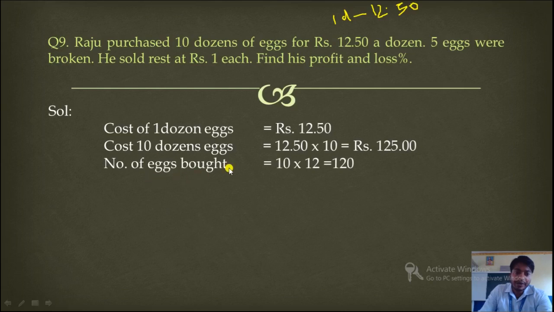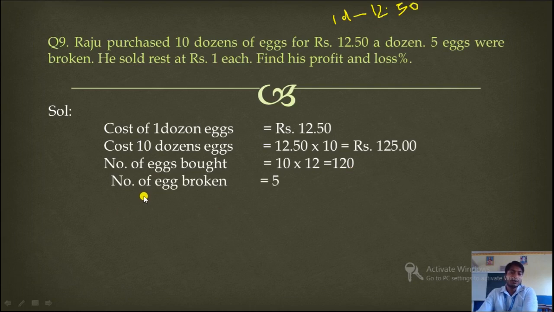Now number of eggs bought, that means total number of eggs, 10 into 12, that means 120 eggs. Out of that, number of eggs broken is 5. Then good number of eggs left: 120 minus 5. Then the good number of eggs is 115.